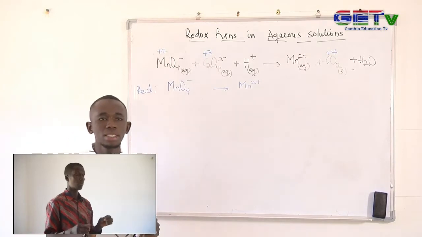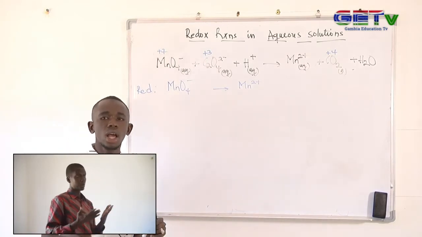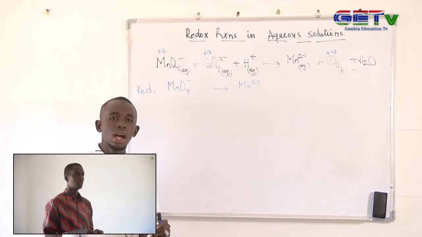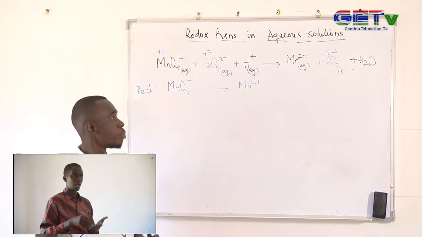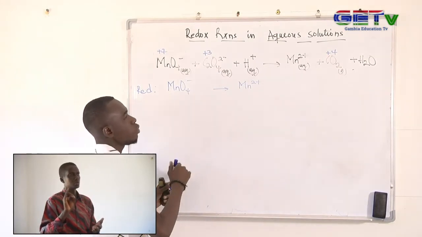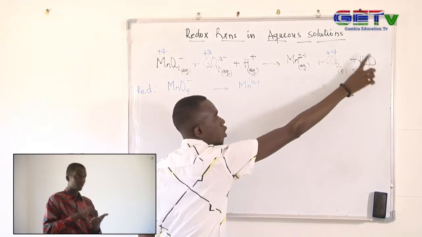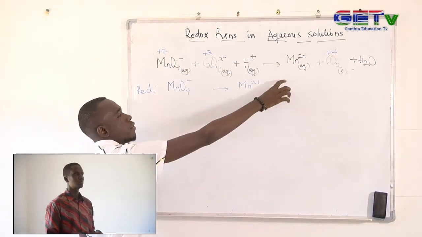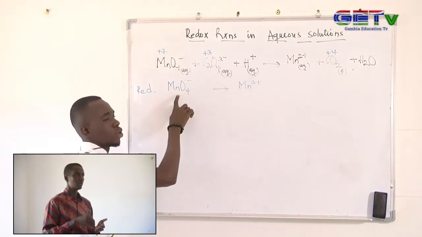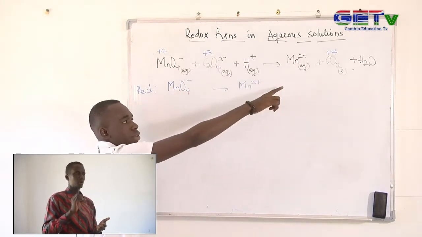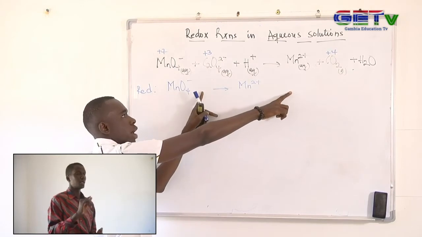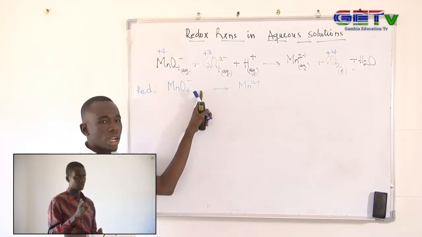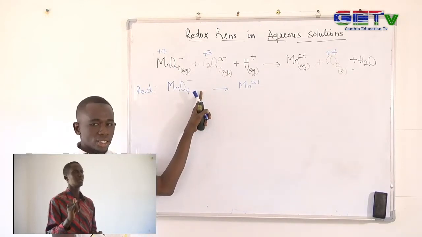When balancing redox reactions, we can add hydrogen ions and also water molecules. Water molecule contains what? Oxygen atoms. Water also has hydrogen, that's why we need to add hydrogen ion on the reactant side.